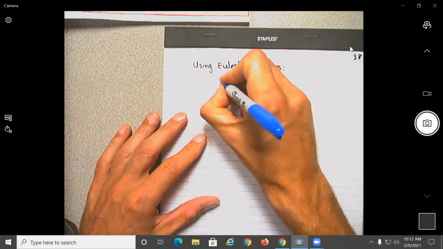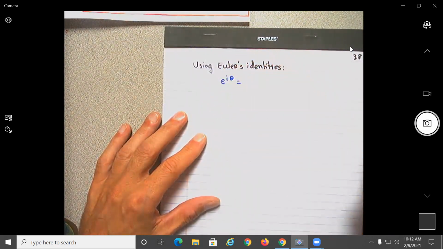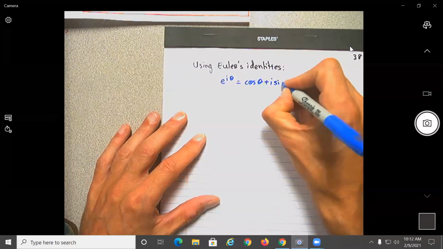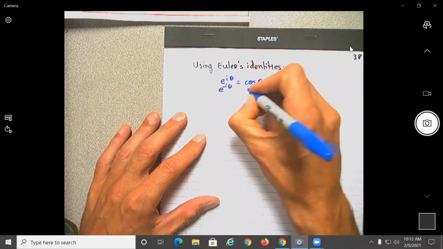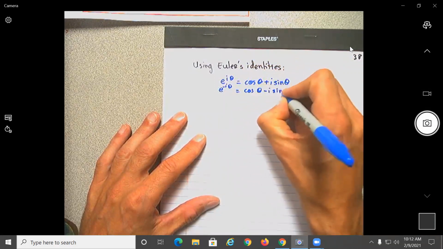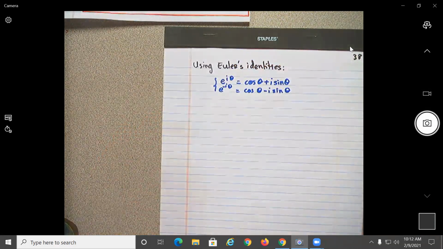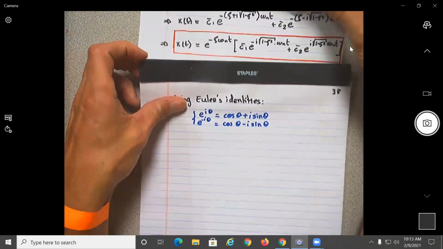The Euler's identities are the relations that say that exponential of i theta is equal to cos theta plus i sine theta, and that the exponential of minus i theta is equal to cos theta minus i sine theta. All right, so using these two relations, let's rewrite this equation out here.